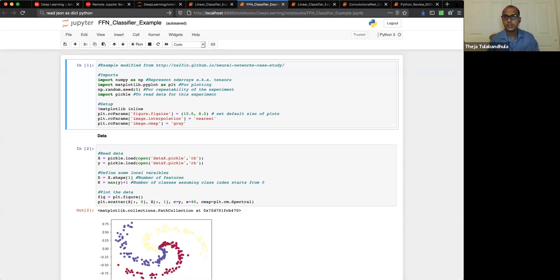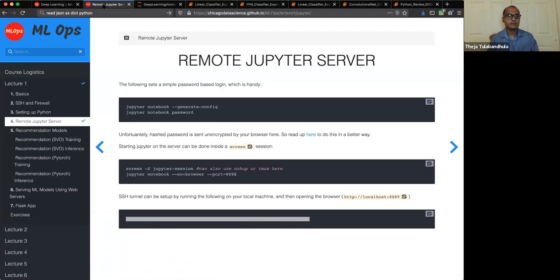I also wanted to show you another thing, which is how to set up Jupyter. This page is from another course that I'm currently offering. You can look at the basics of setting up your Jupyter notebook.